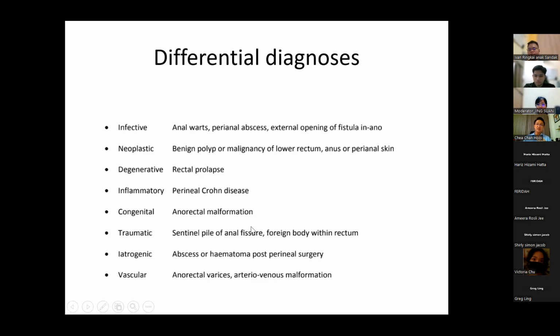And usually, if there is an anal fissure, then the patients will be in severe pain. They will not let you examine the anus properly. They will definitely not tolerate a digital examination of the rectum. Again, iatrogenic, usually history itself will tell you the patient has a recent history of surgery or some instrumentation done within the anorectal canal. And we need to also bear in mind sometimes patients with, for example, liver cirrhosis can develop what we call the same varices that form in the esophagus.